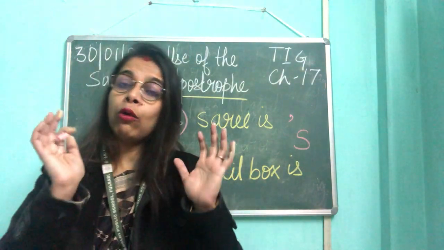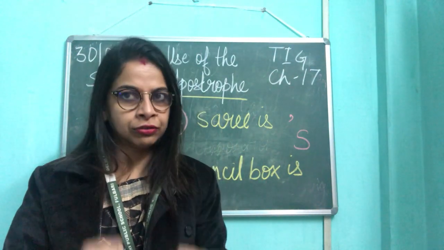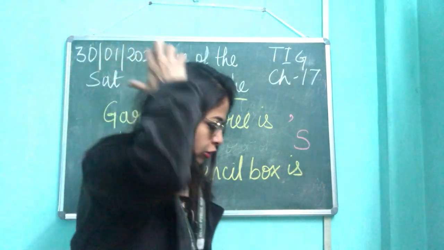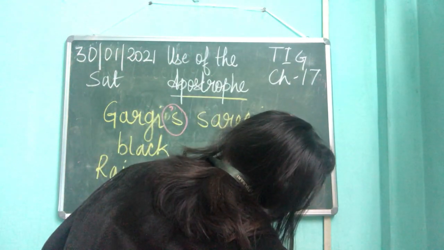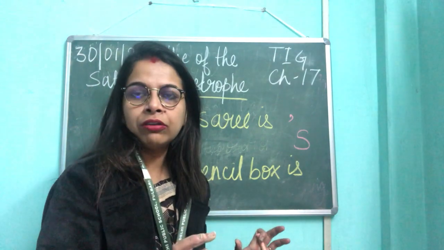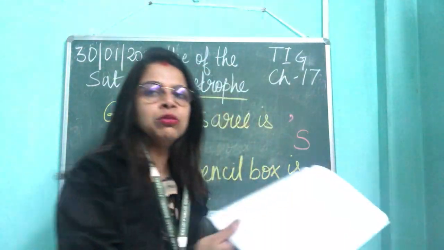Now we will come across plural as well as singular apostrophes. What do you do when it's a singular noun, and what do you do when it's a plural? So if you can refer to page number 99, children, the page number of your chapter is 98. Now let us turn to page number 99. Have you seen the chapter is a tiny one, isn't it?